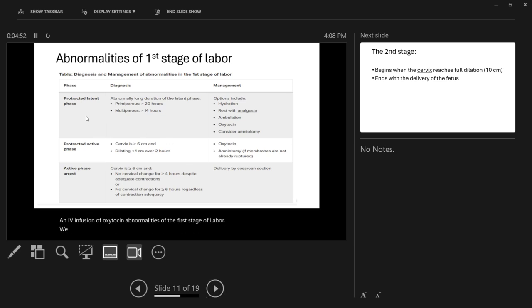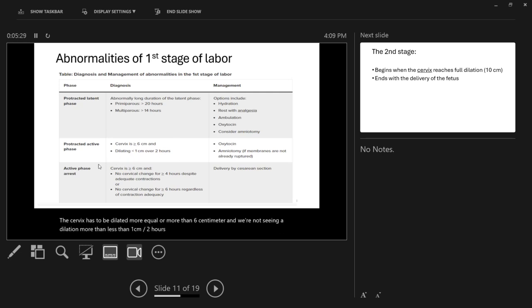We need to relate this to whether the patient is nulliparous or multiparous. So in protracted latent phase, nulliparous have more than 20 hours in total, or multiparous have more than 14 hours in total. If we're talking about a protracted active phase, the cervix has to be dilated equal or more than 6 centimeters, and we're seeing dilation of less than 1 centimeter over 2 hours.